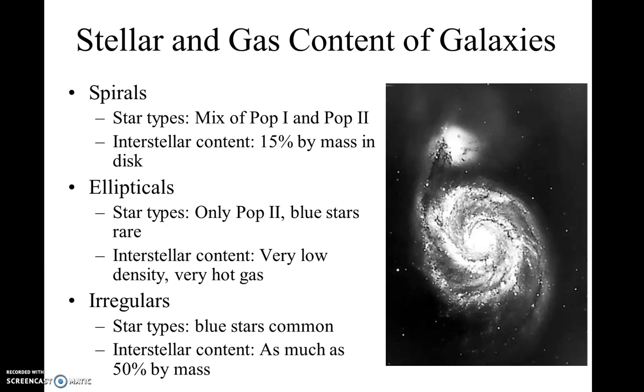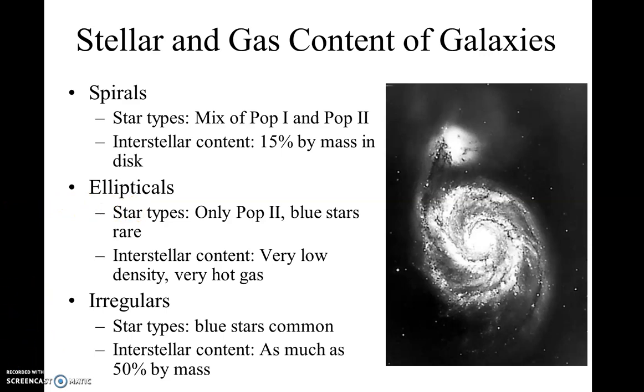If you don't have new stars forming, then all the older stars that are going to go supernova have already done so in these elliptical galaxies, and that's why you don't get stars evolving to the metal content of population 1 stars in elliptical galaxies. Okay. All right.